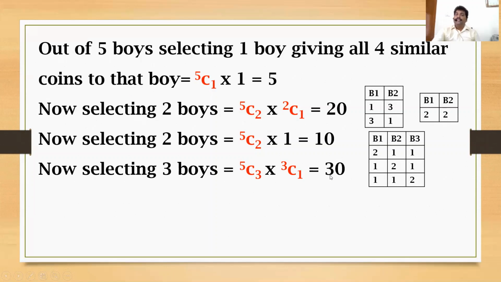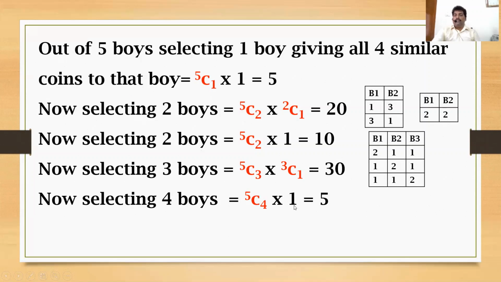Next case, selecting how many boys? 4 boys, because 5 boys are given and 4 coins, 4 similar coins are there. So how many ways can we select 4 boys? In 5C4 ways, and giving only one way. How this one way? 1 coin to first boy, 1 coin to second, 1 coin to third, 1 coin to fourth. So like this, B1, B2, B3, B4, 4 boys are there, giving 1, 1, 1, 1 coin to each boy.